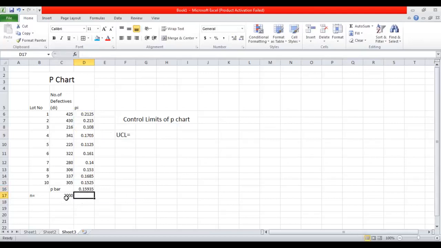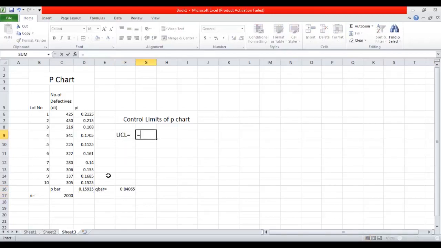Next, by using P bar, I want the Q bar also. So Q bar value equals 1 minus P bar value. So we get the P bar and Q bar. Now calculate the UCL. What is the formula?